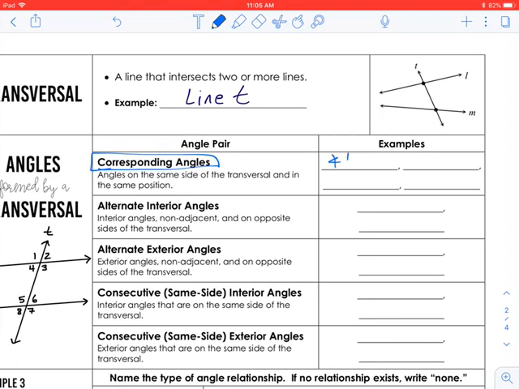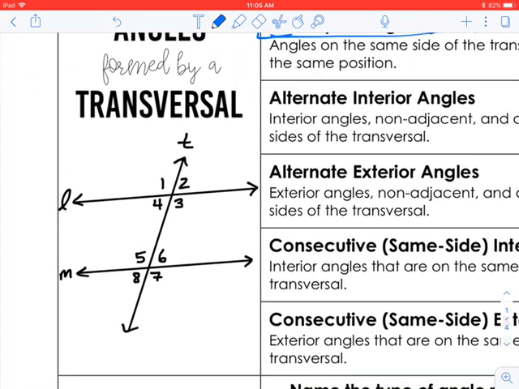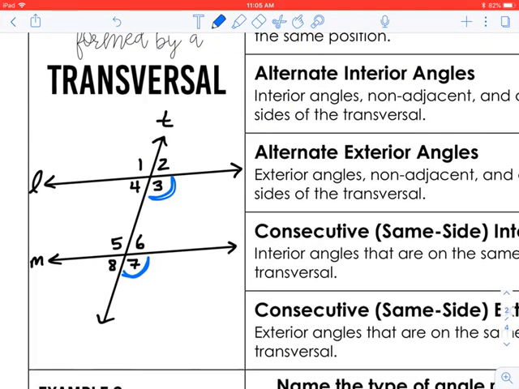So angle 1 and angle 5. Same thing for another one. Bottom right is 3, bottom right is 7. So 3 and 7. And then you could keep going with that, obviously, with the rest of those.